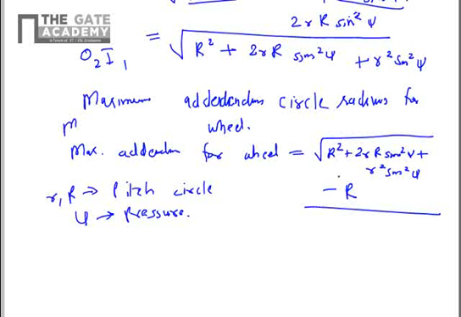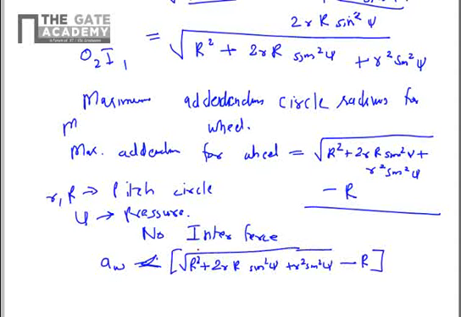So this is the condition: if the addendum of the wheel is less than this value, then interference will not occur. For no interference, the addendum of the wheel must be less than this value.